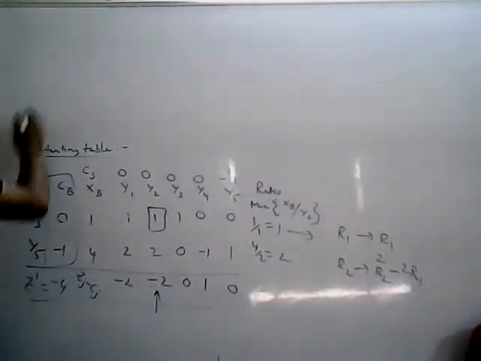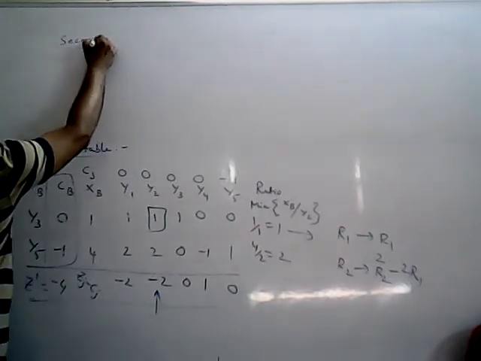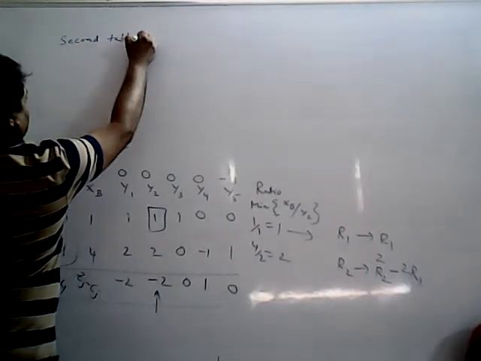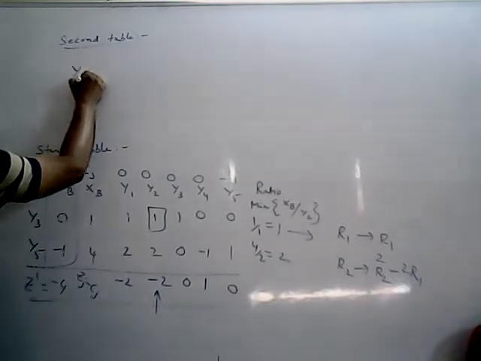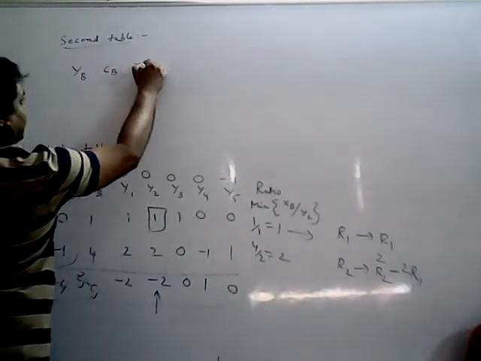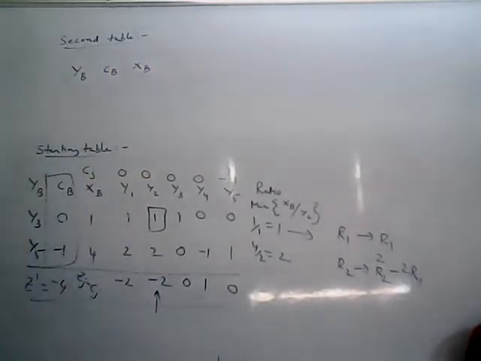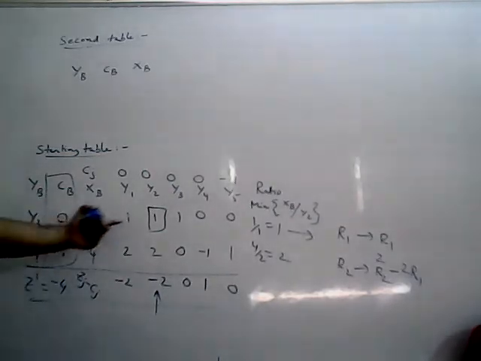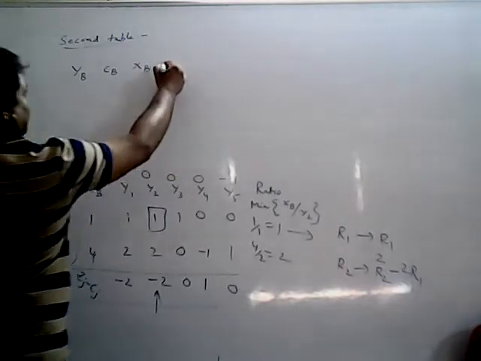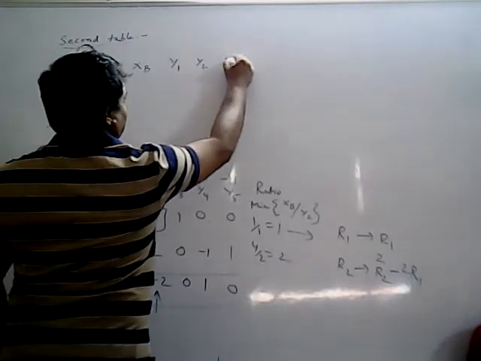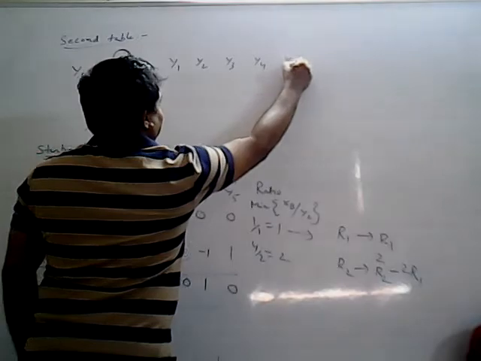Okay, the starting table is completed. Now the second table. The columns are the same: YB, CB, XB. Y5 is not deleted, Y3 is deleted. In place of Y3, Y2 enters. The columns will be Y1, Y2, Y3, Y4, Y5.